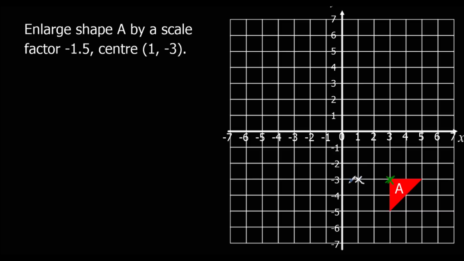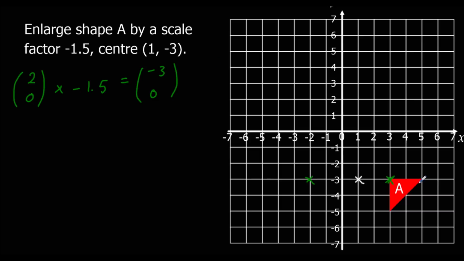To get from the centre of enlargement to the green point, it's along 2 and up 0. I'm going to multiply it by the scale factor. 2 times minus 1.5 is minus 3. 0 times the scale factor is 0. So to get to my new green point, it's back 3, up nothing. So 1, 2, 3 back.